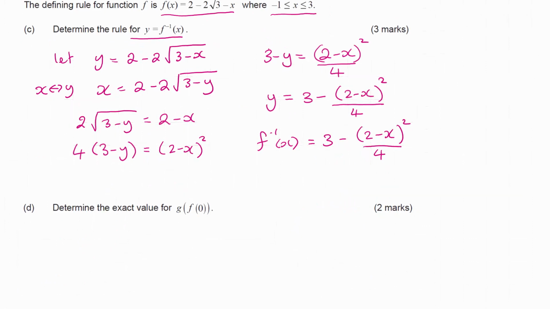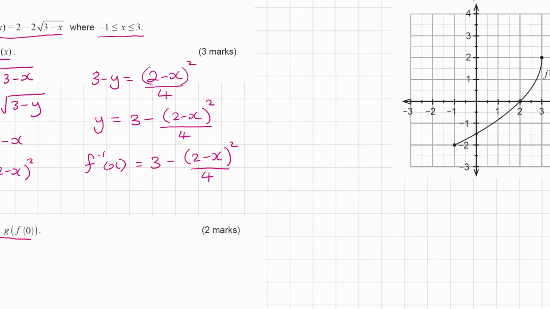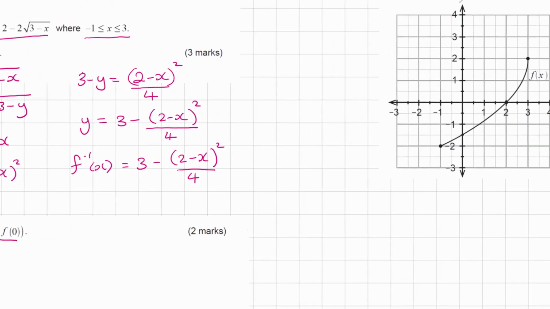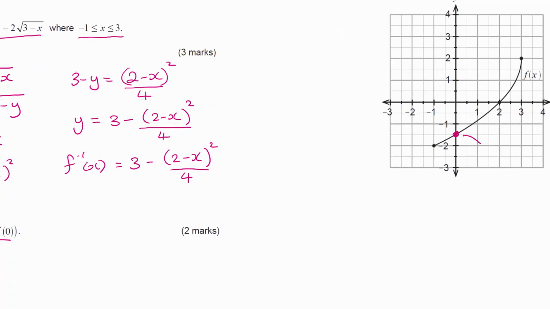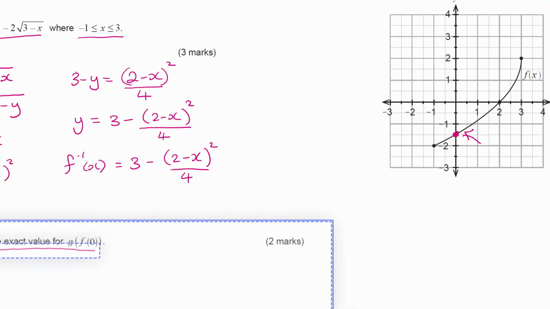We now want to determine the exact value for g of f of 0. Now if I just bring in the graph, f of 0 is this value here. It looks like it's at -1.5, but of course we actually have the function.